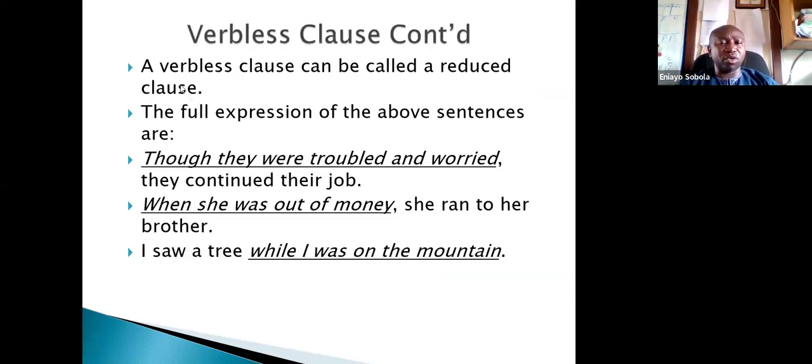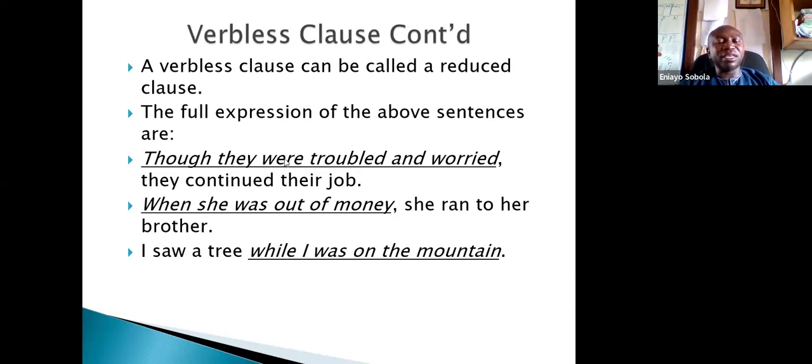So it's a reduced clause, like I mentioned, but those reduced clauses can be developed into full clauses. Example, though they were troubled and worried, they continued their job. You will realize that what functions as the subject of the verbless clause is actually the subject of the main clause, like I said earlier.